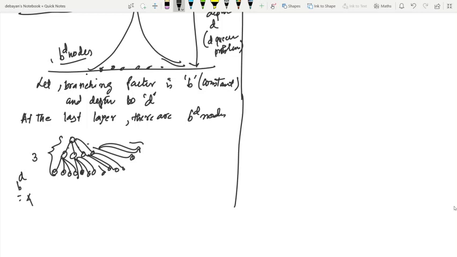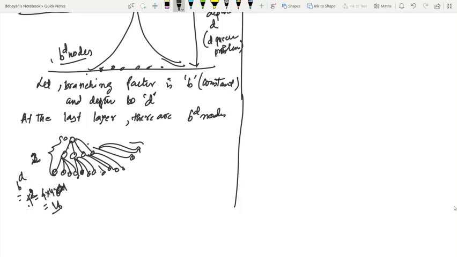So if the branching factor is 4, that means 4 to the power 3, that is 4 into 4 into 4. So 1, 2, 3, 4, 5, 6, 7, 8, 9, 10, 11, 12, 13, 14, 15, 16 like that. If it is starting from 0, the depth is 2, so 4 to the power 2 comes out as 16. So this is what I want to say, that at the last layer there are b to the power d nodes.